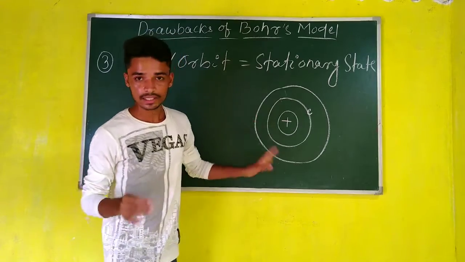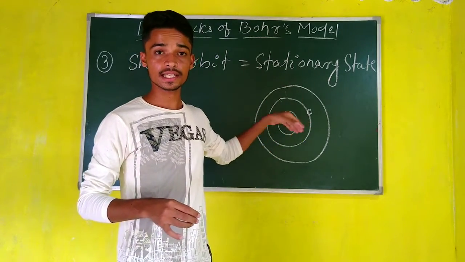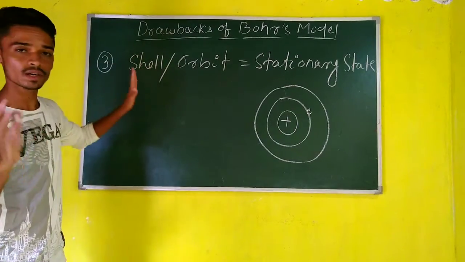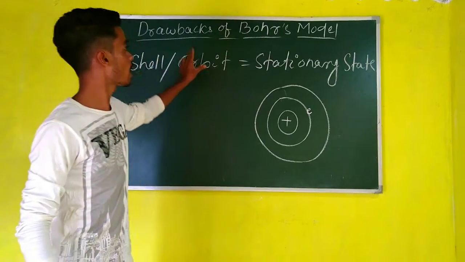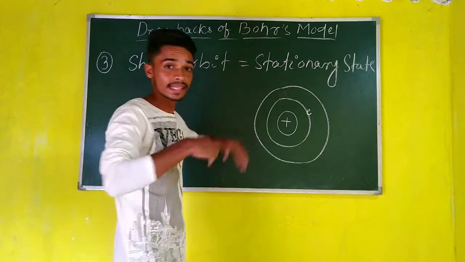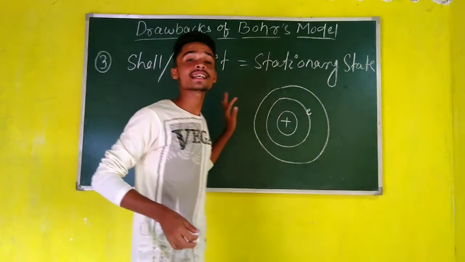Students, electrons revolve around the nucleus in a circular orbit or shell. According to Bohr, shells or orbits have another name: stationary state or stationary orbit.